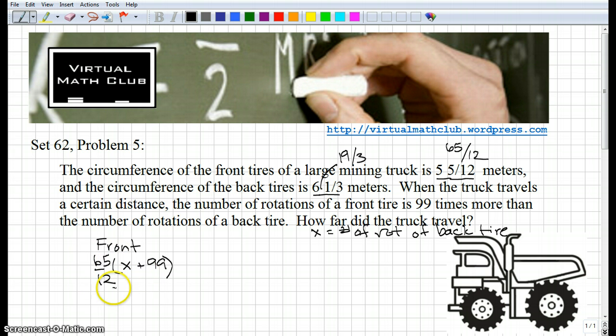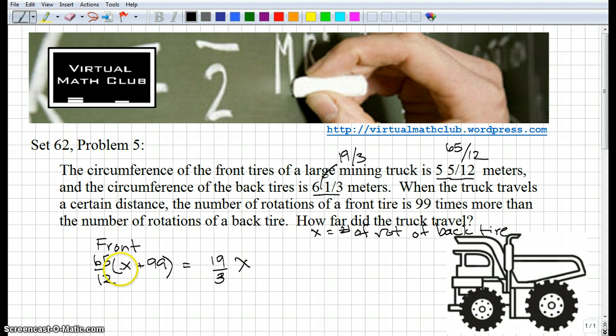So every rotation it goes 65/12 of a meter, and if we multiply that times x plus 99, that gives us the total distance. And the front tire and the back tire are going to move the same distance, okay? So the back tire is 19 thirds, and it goes x rotations. Alright, so now we just need to solve for x.